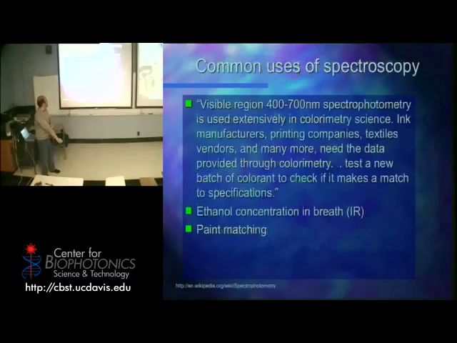Common uses. The 400 to 700 nanometers is used a lot. Ink manufacturers use it, printing companies, people who sell textiles. Basically, they can figure out how to match things.